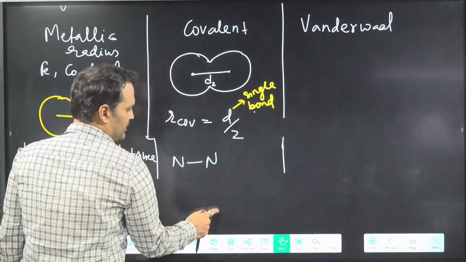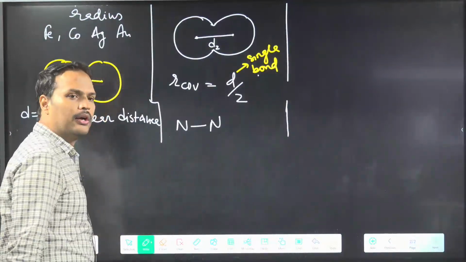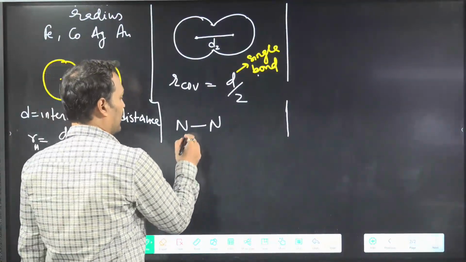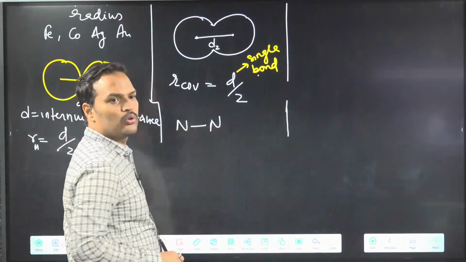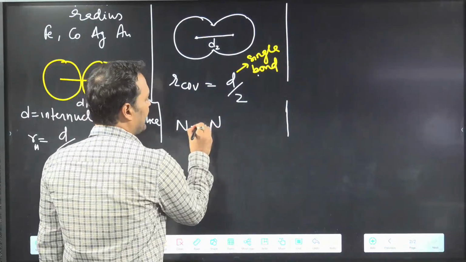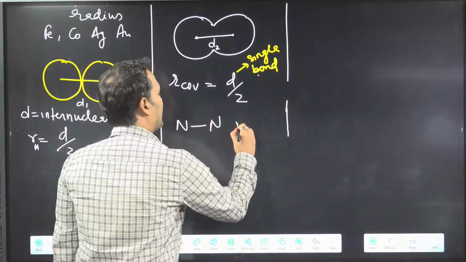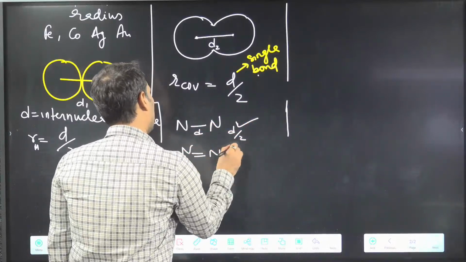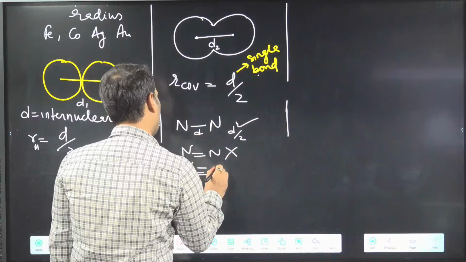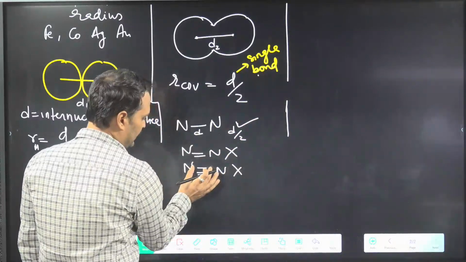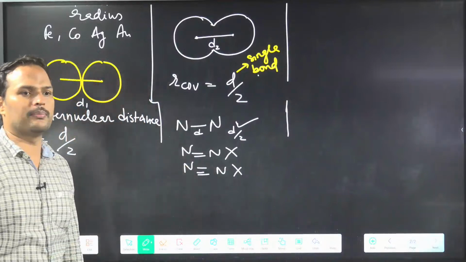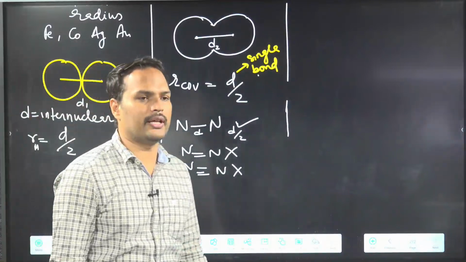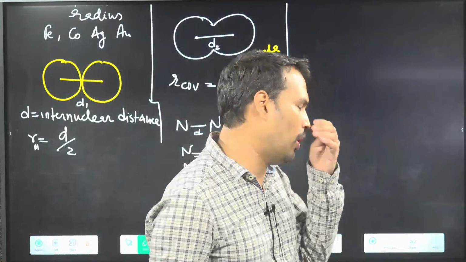We will consider only single bond, not double bond. So if I have to take the nitrogen atom radius, I will take the N-N single bond length and put D by 2. I will not take double bond. I will not prefer triple bond because in this the bond length is decreasing. Got the point? So which bond do you have to take? Only single bond.